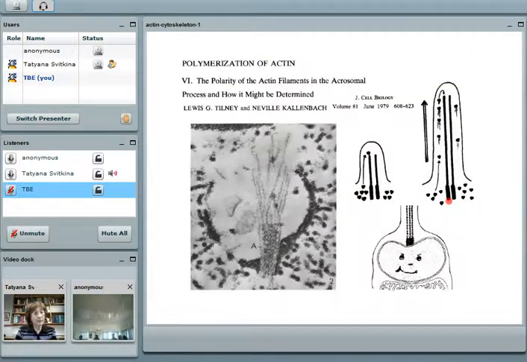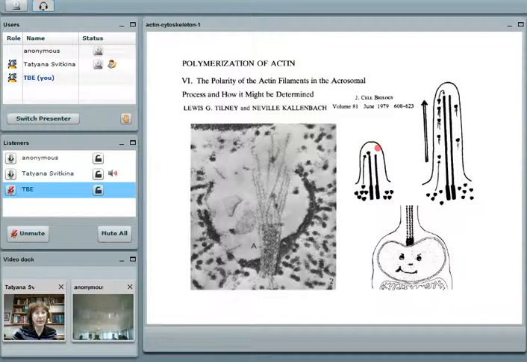And then he proved that this bundle is made of actin filaments. So he did decoration with myosin heads and found this arrowhead pattern. So it proved that this is actin. He also found that barbed ends are oriented upward over here, which means that this is where growth occurs.